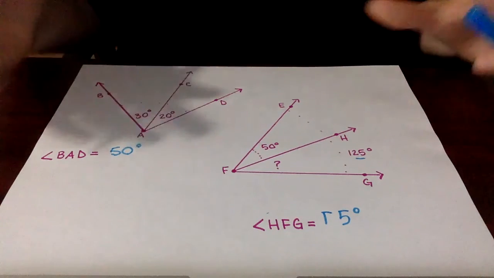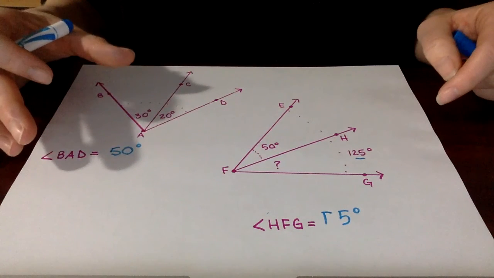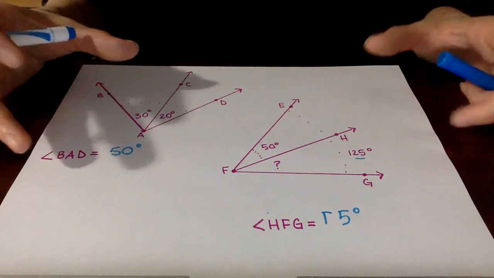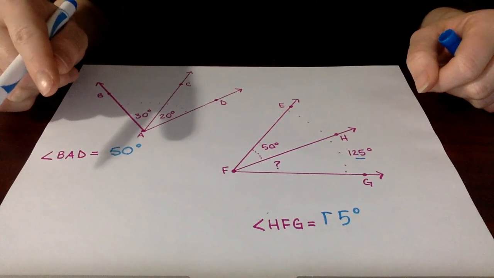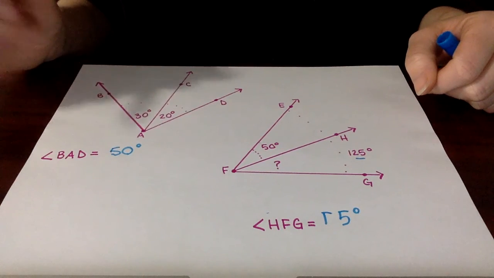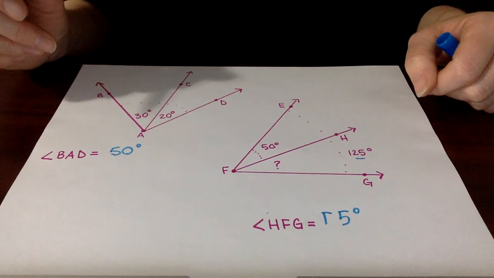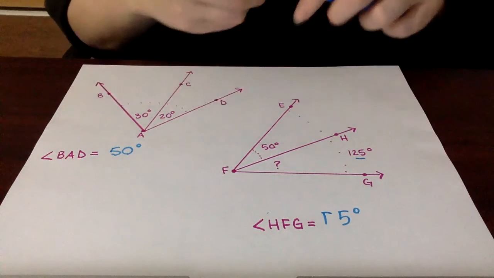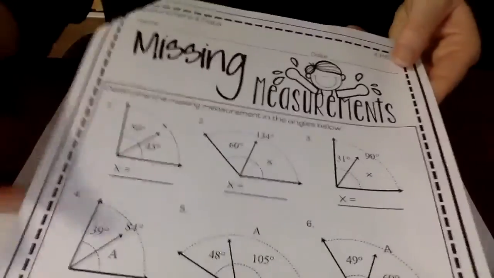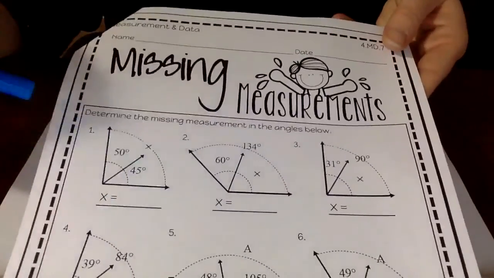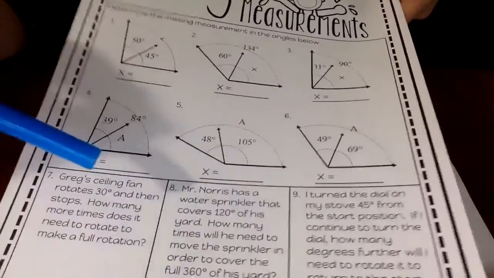What I'm going to do is take a screenshot of these notes, and I will also post them for you so you have them to look back at, and of course you can watch this video as much as you want. The only thing I'm asking you to definitely try is the one sheet, missing measurements, 1 through 6. 7, 8, and 9 are a challenge for you.